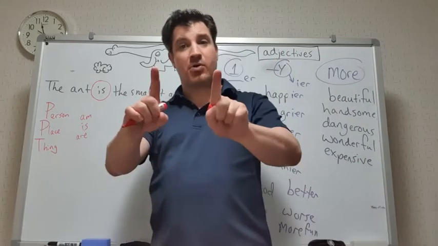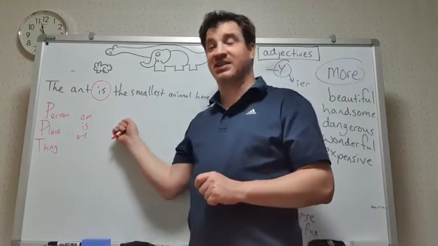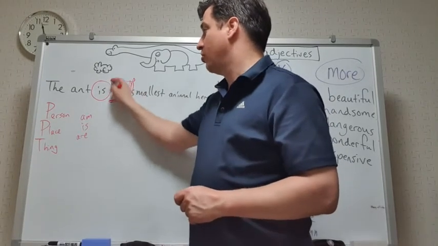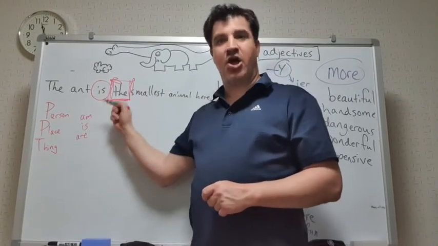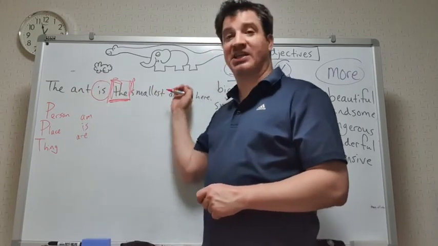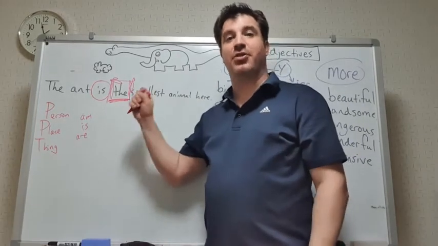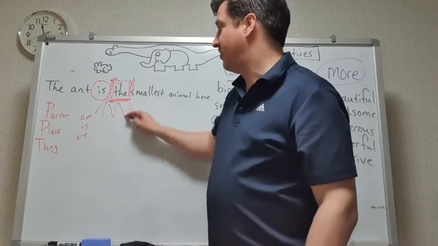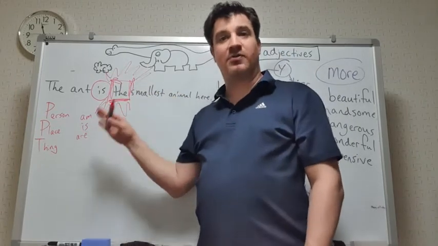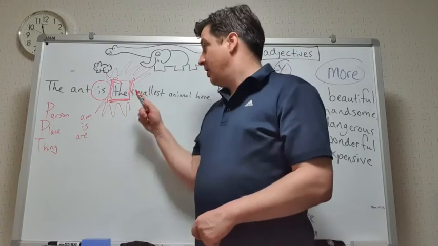Now, the number one mistake that people make when they're making this kind of sentence is they forget this word here, the. If you just say the ant is smallest animal, that's wrong. You need to include the. Very, very important. Don't forget the when you are making this kind of sentence.